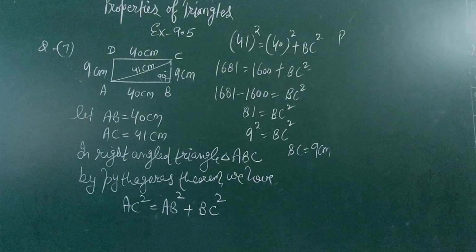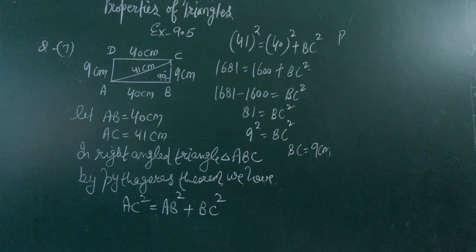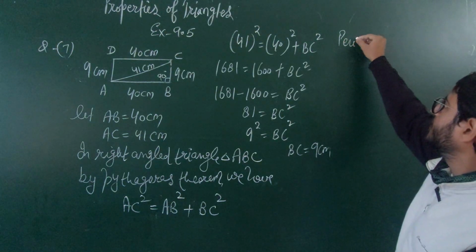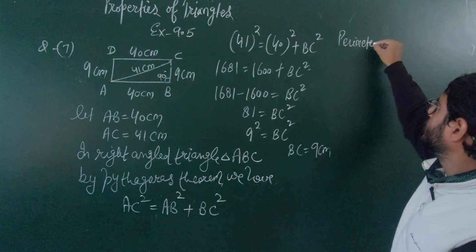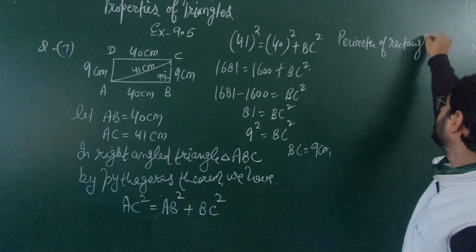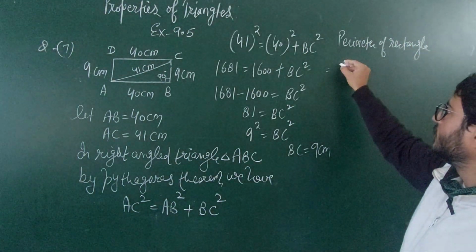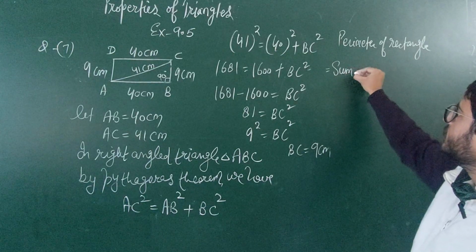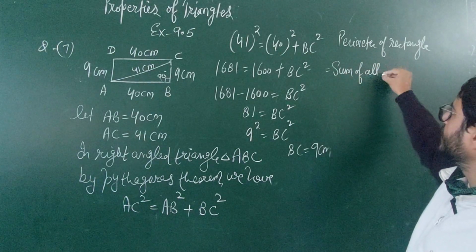So perimeter is equal to 2 multiply L plus B, or there is one more method. Perimeter of rectangle is equal to, you can write sum of all sides.